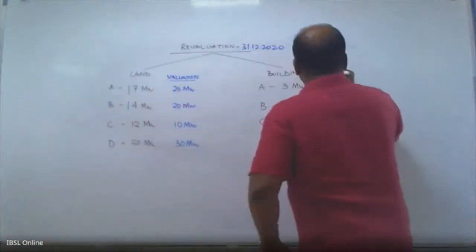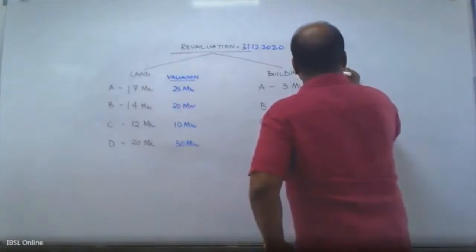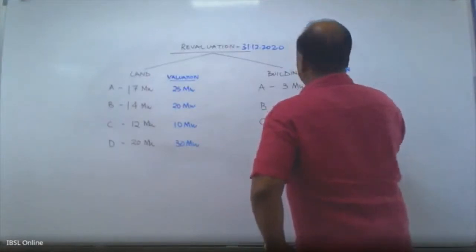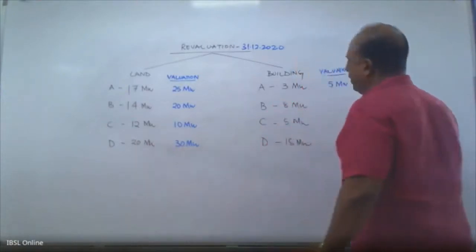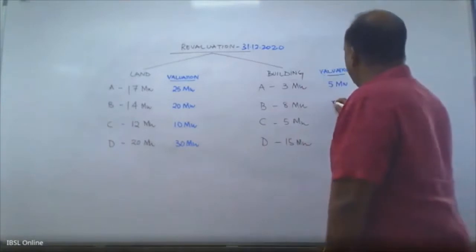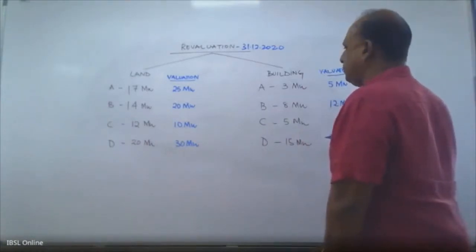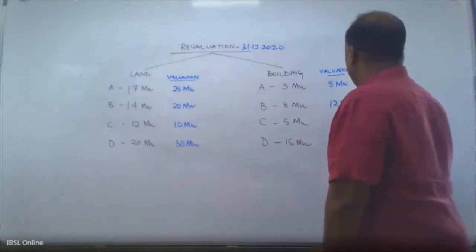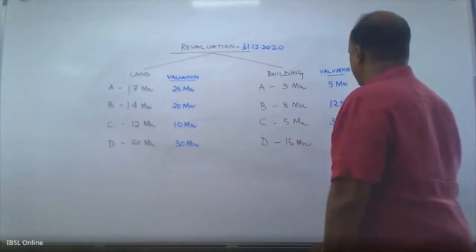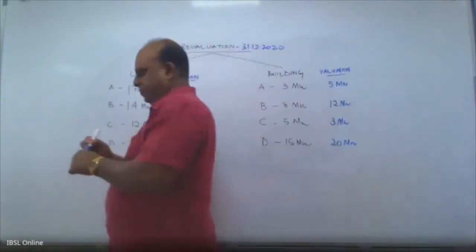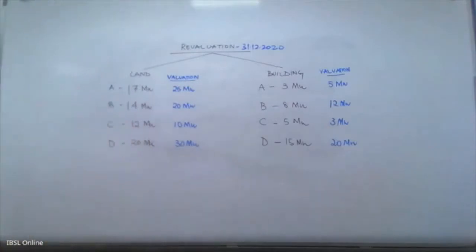And here, in terms of buildings, 5 million, 12 million, 3 million, and 20 million. Okay, I'm just taking some numbers, don't worry about it.